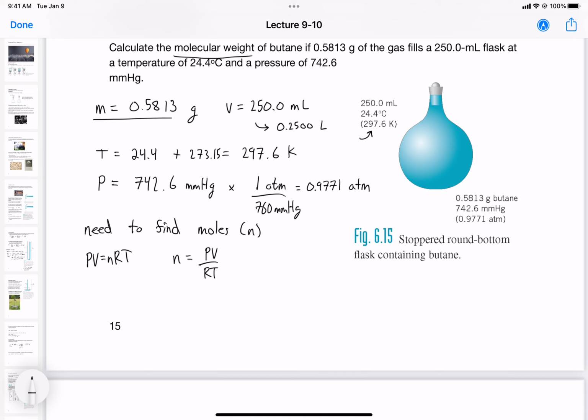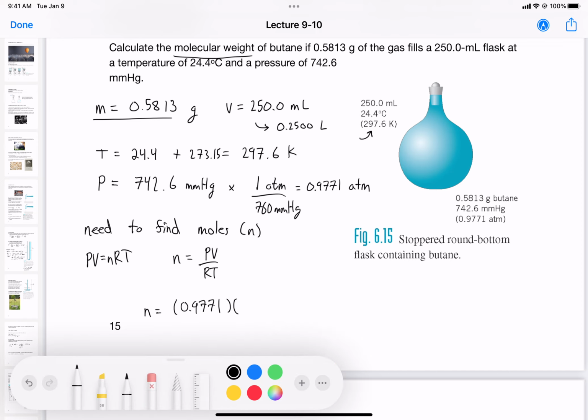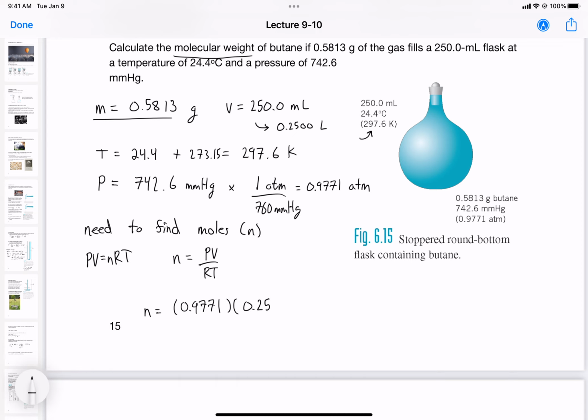Okay, so if we solve for n here, we will get 0.9771 times the volume and so on. You can feel free to put in the units. I necessarily won't take points off if you don't, as long as you put the units at the end.